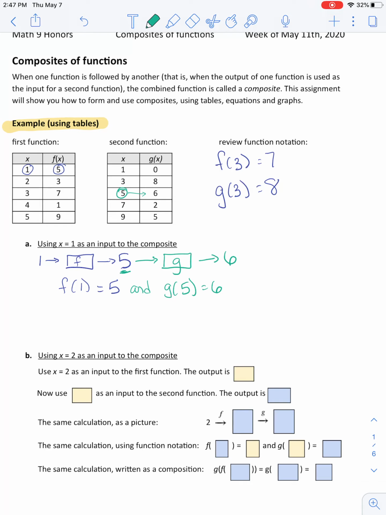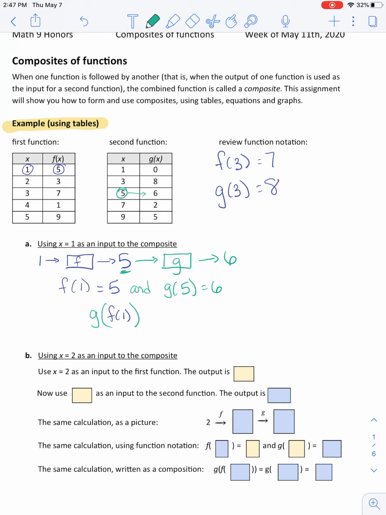And when we do composition notation, so composites, we want to think about the fact that we took that f of 1 value, and we put that into the g function.